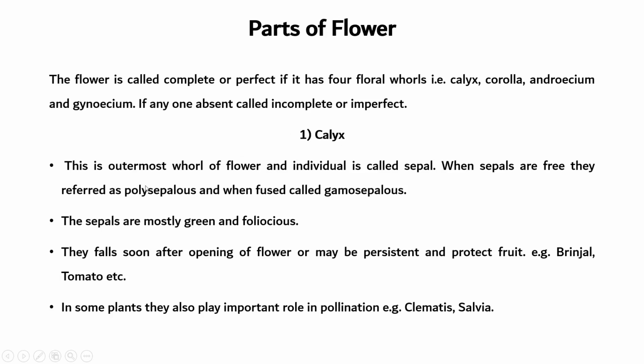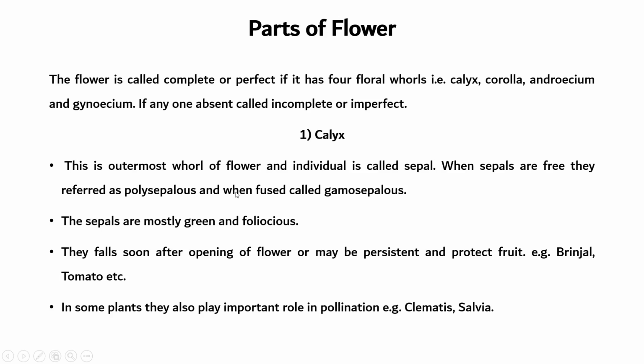The outermost whorl of the flower is called calyx and the individual of calyx is sepals. When these sepals are free, this condition is called polysepalous. Poly means free, sepalous means sepals.